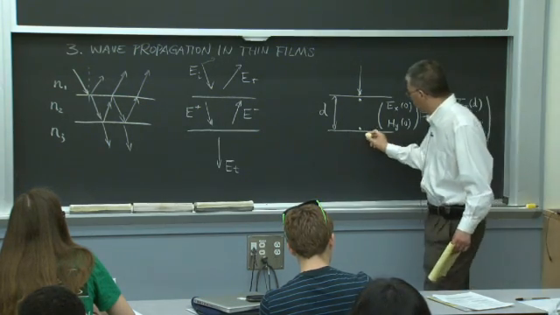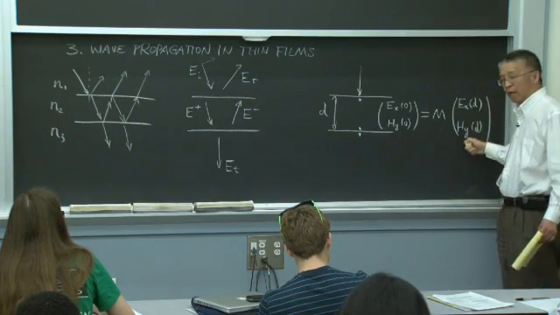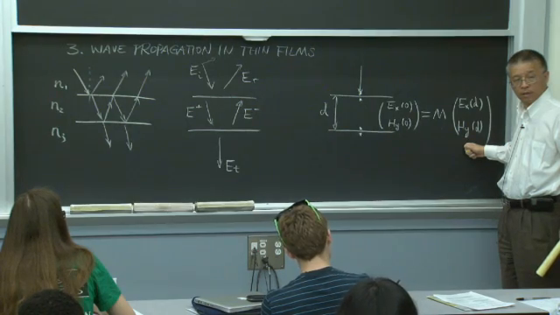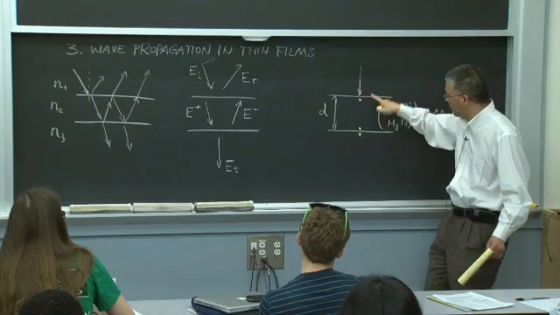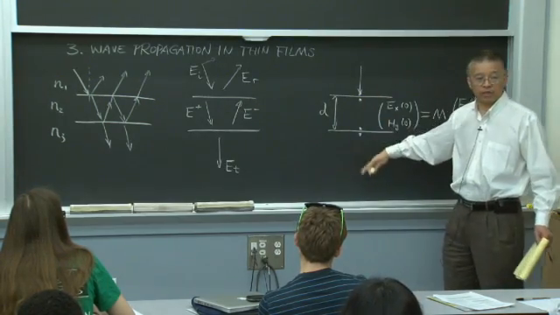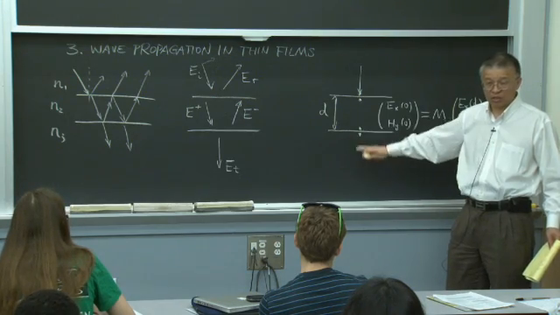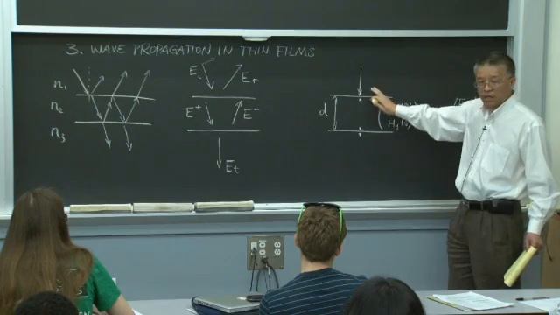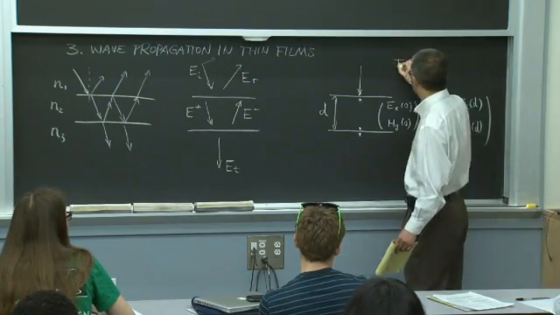Then, propagating to the other side, the electric field and magnetic field are the same on both sides. So this point is the same as this point. So I can connect many, many layers together just by matrix multiplications. Continue this to build up any layer. This one is most convenient to use, and that's the transfer matrix.